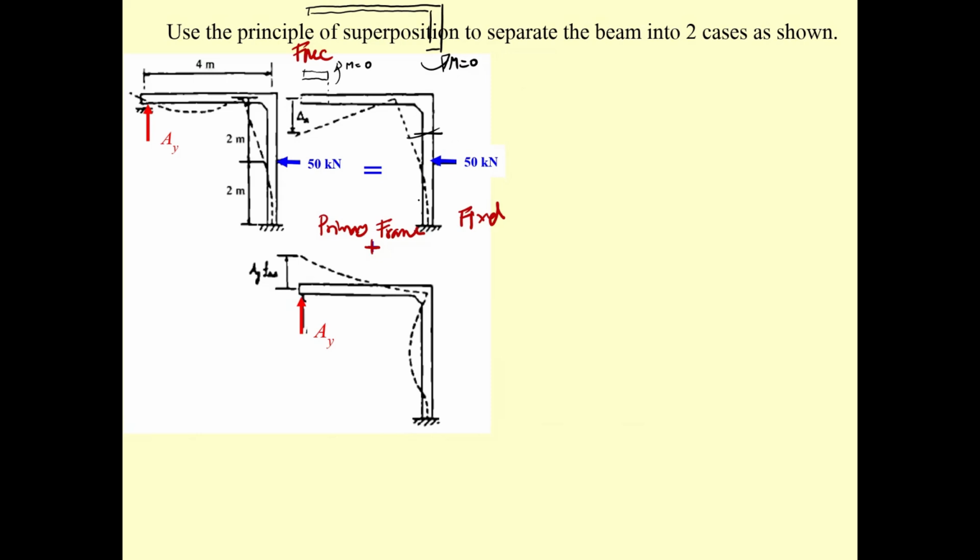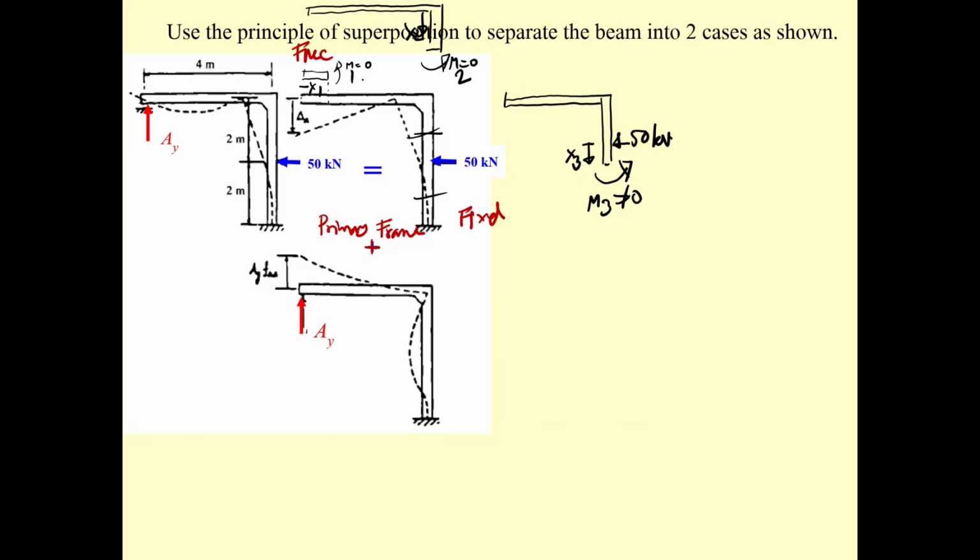And then if you cut it over here, you will have the frame, and now the frame is subjected to 50 kilonewton. Let's say this is x3, this is x1, this is x2. For this one, you may have the moment over here. So the M3 would be nonzero, but M2 is zero and M1 is zero.